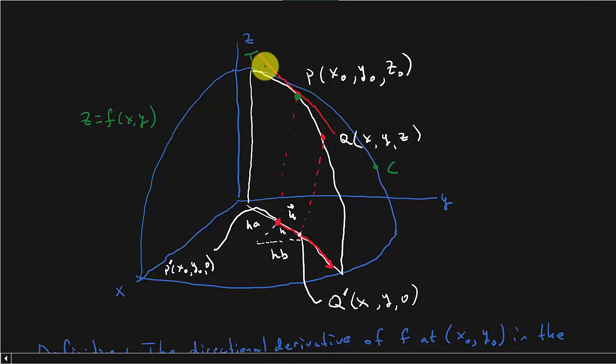So at this point P, this is our rate of change, the slope of the tangent line in the direction of u. We're not going in the direction of the x-axis or the y-axis, it's just some arbitrary vector. That's what this section is about.